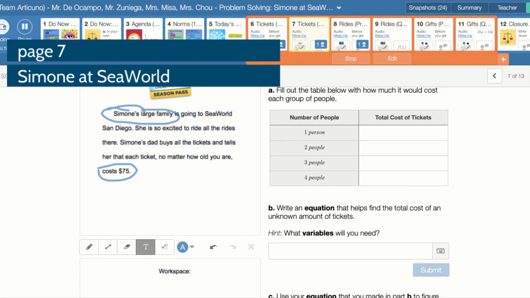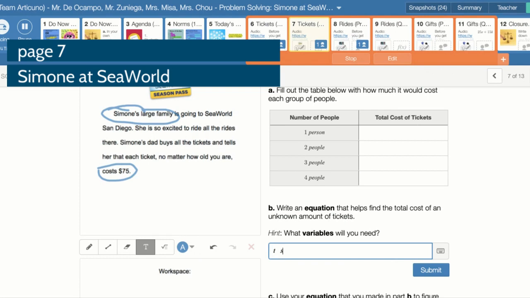In part B, it says to write an equation. Now, in this equation, do not just put numbers. What we really want you to think about is, how can you write an algebraic equation, okay? And when we say algebraic equation, we mean that we want you to use algebra.